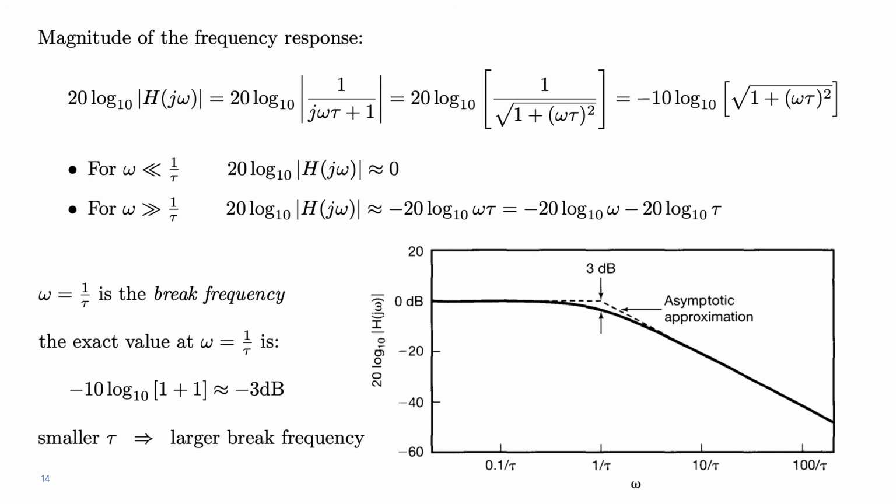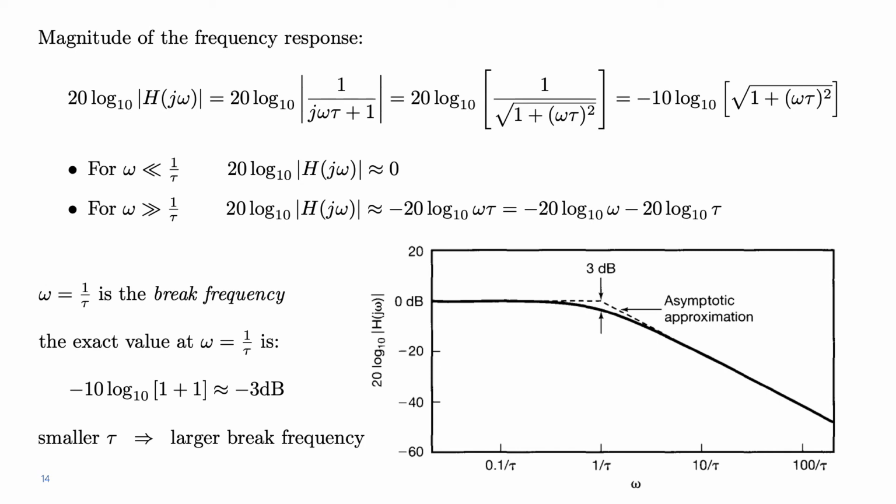So first of all, let's look at the figure at the bottom right. Let's look at the dashed lines. So these two dashed lines represent some asymptotic approximation through the two values that I have just explained. So the first one, for omega smaller than 1 over tau, is a straight line at 0 dB, because we saw that 0 was a very good approximation in that regime.